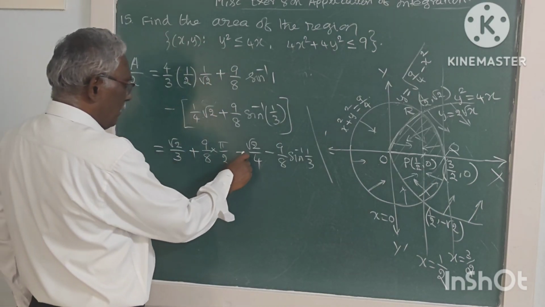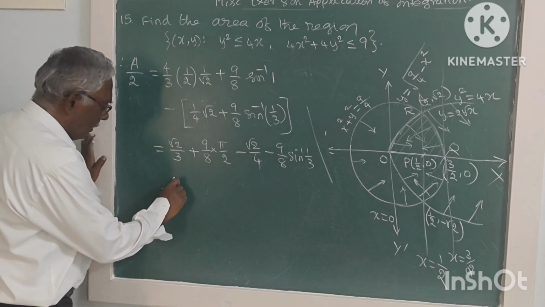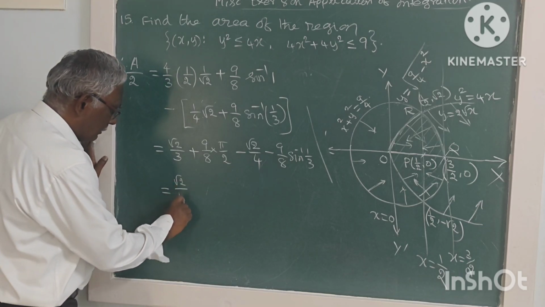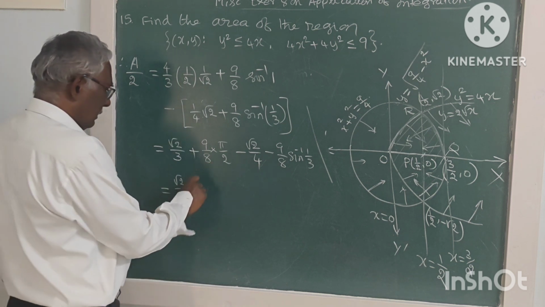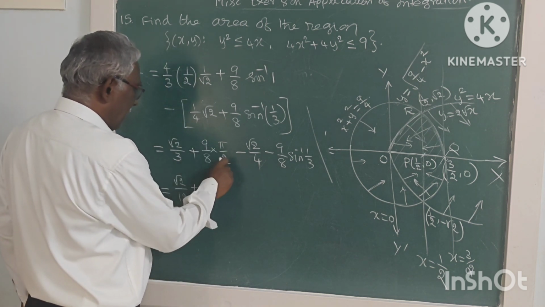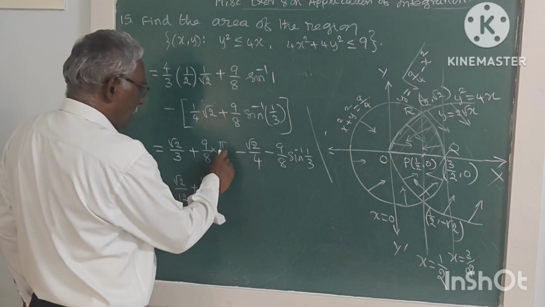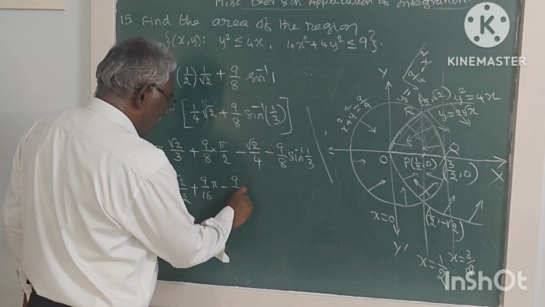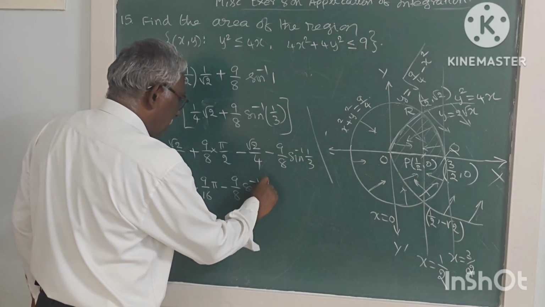Root 2 by 3 minus root 2 by 4 will be root 2 by 12, then plus 9 by 16 times pi minus 9 by 8 times sin inverse 1 by 3.